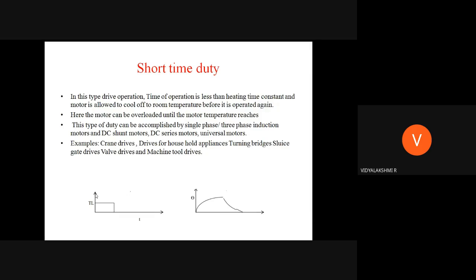Here I talk about the starting period, because we use the mixie starting and stopping for a particular period. This is the example for short time duty. We won't talk about the running and braking condition here, because for a short period we can start and stop.